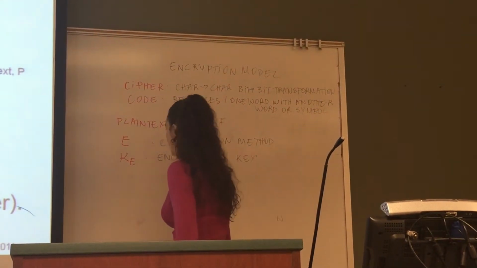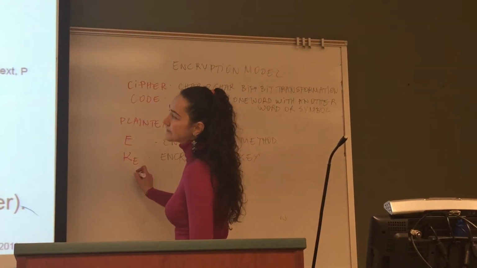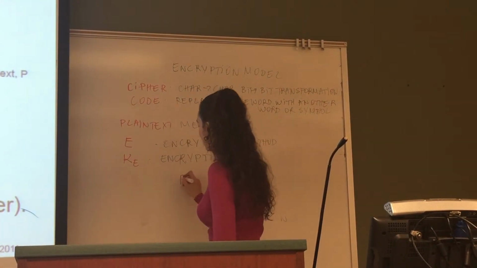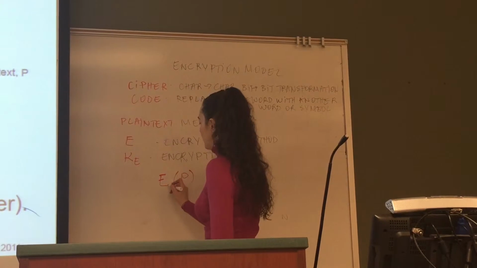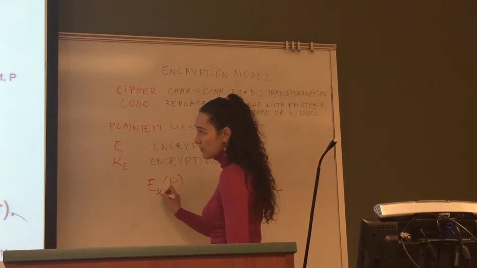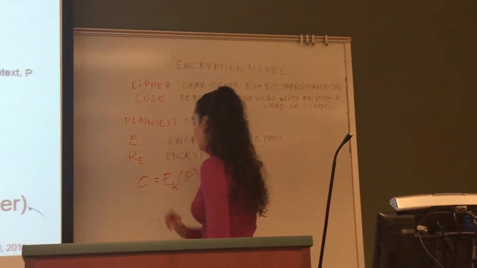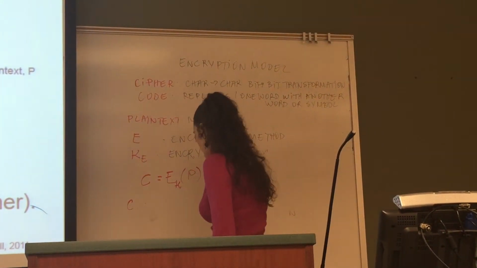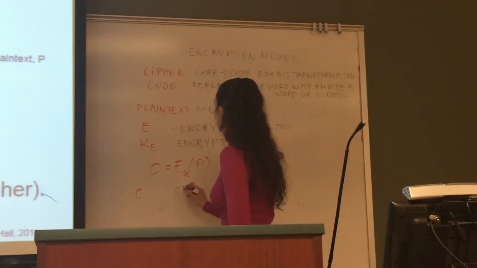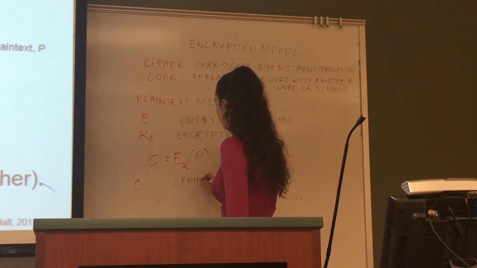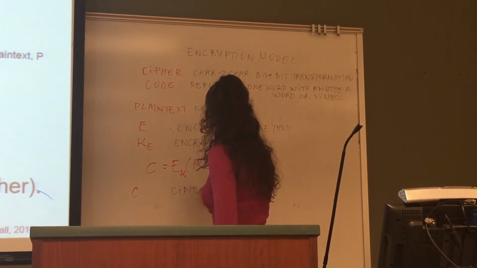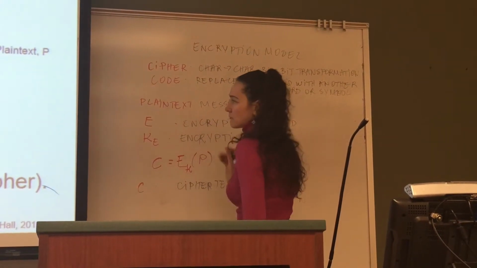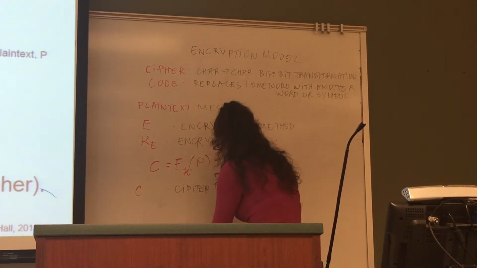Once we take the plain text and feed it into the encryption algorithm using the key, we will produce the ciphertext. So C is the ciphertext. That is considered secure because it's not readable.